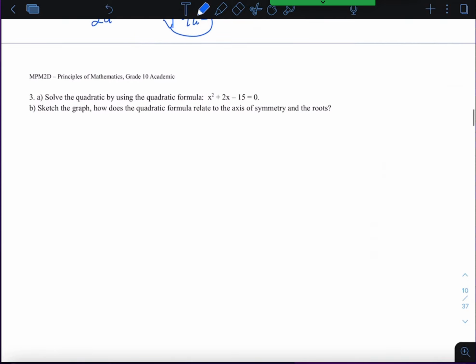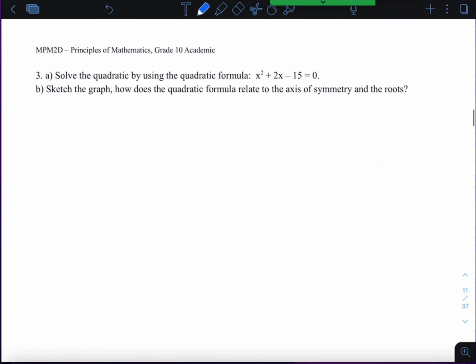So let's jump right into an example, and if you'll notice, this is the same example that we had before. x squared plus 2x minus 15 equals 0. Now, kind of the tricky part here is figuring out what a, b, and c are. So remember, I'm comparing this to ax squared plus bx plus c.